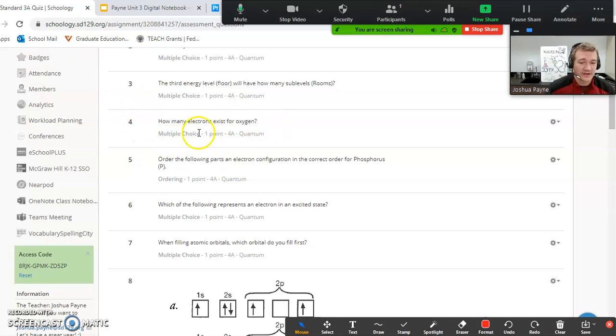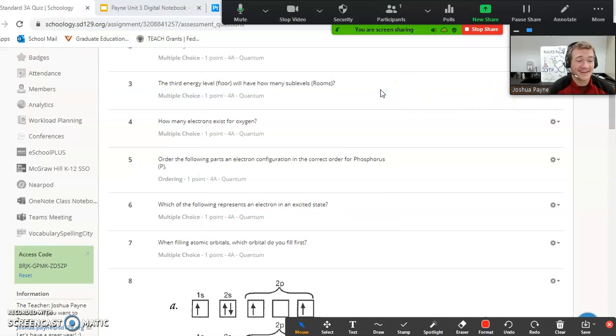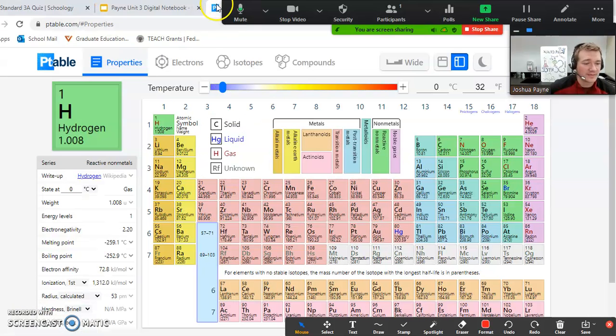4. How many electrons exist for oxygen, if we're talking about a non-ion, something that isn't charged? This is a neutral oxygen atom. Well, we just have to figure out how many electrons there are, and we're going to use our periodic table to figure that out. We can find our friend oxygen, which is right here. If we were in class, I would say, what does that number 8 mean?